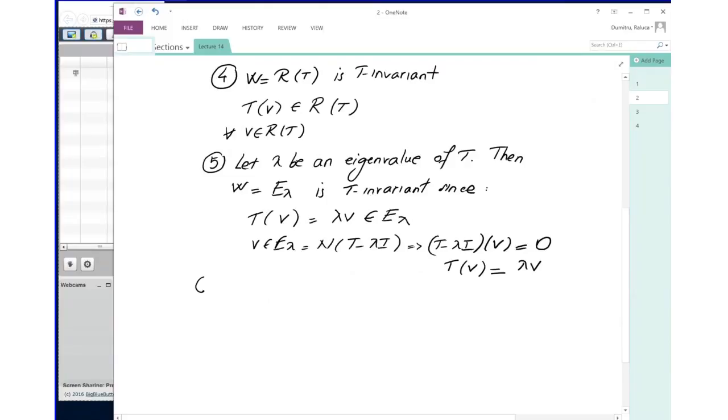One more. So T is a linear transformation from V to V. X is a non-zero vector in V. Define W to be the following set.